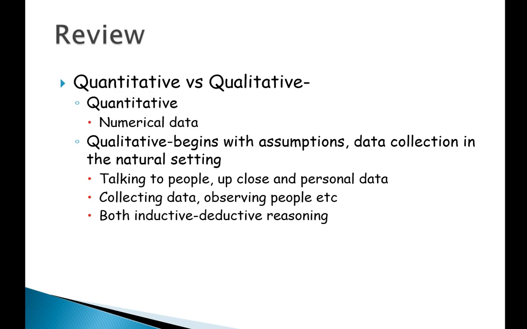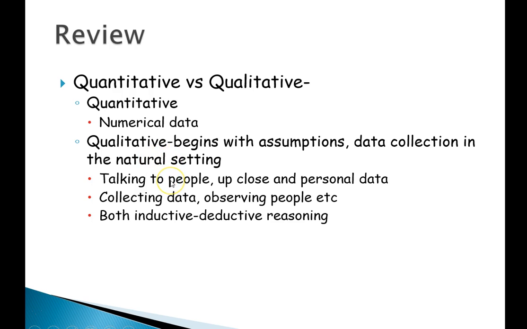First, let's start by just reviewing quantitative versus qualitative. Quantitative, remember, it's numerical data, so it's going to be working with your higher level variables with ratio and interval levels that are numbers. And qualitative begins with assumptions, data collection, and then in the natural setting.